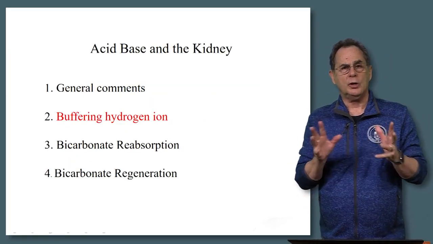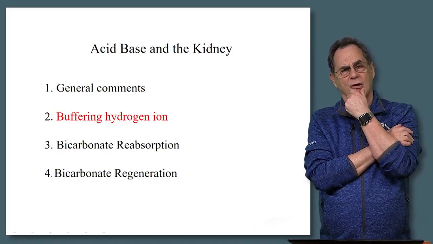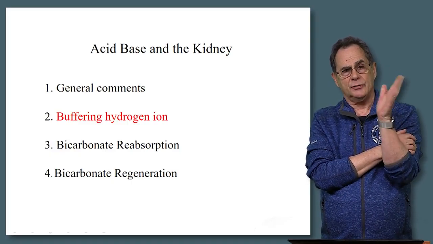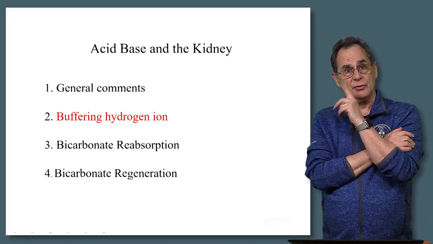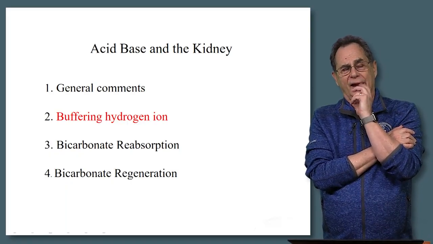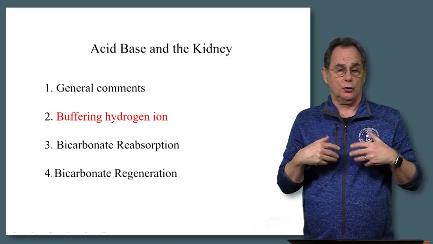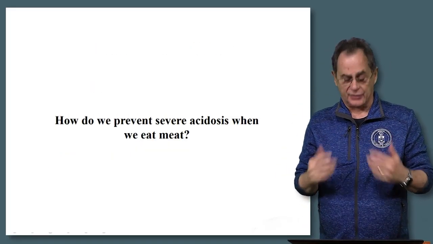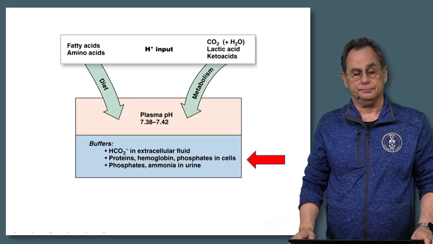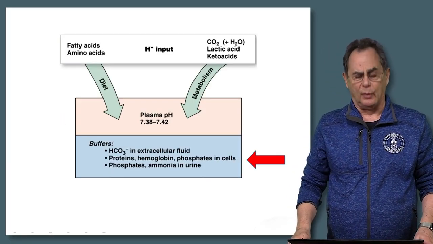So you and I, when we generate those 70 millimoles of hydrogen per day from our diet and from metabolism, have to buffer that hydrogen ion. We cannot allow the hydrogen ion concentration to rise to those astronomical levels because that would influence protein function. So what do we do? Well, we buffer it, and that's shown with the red arrow.